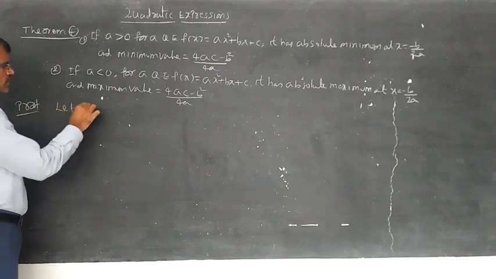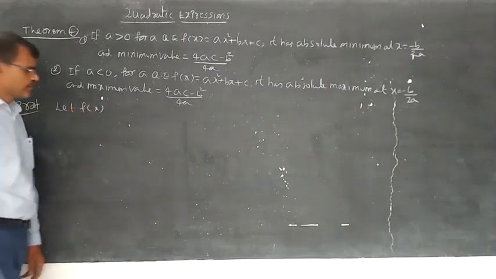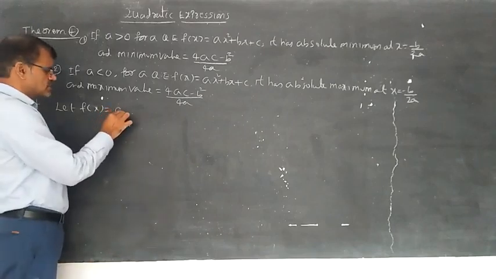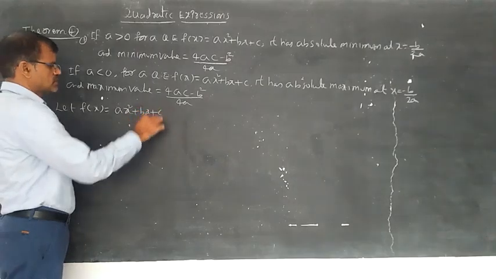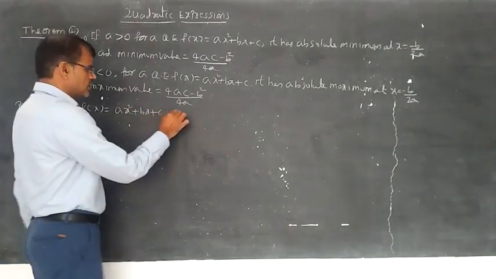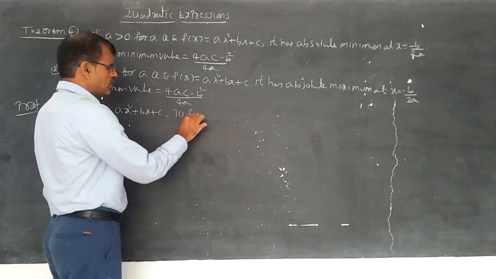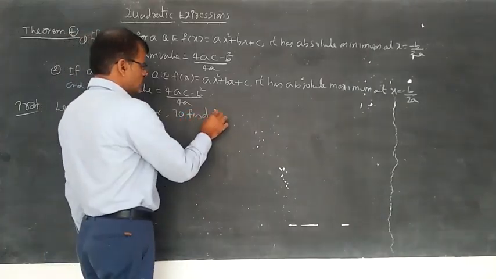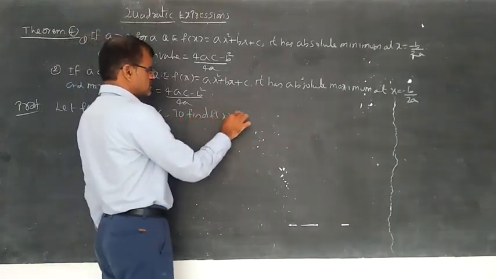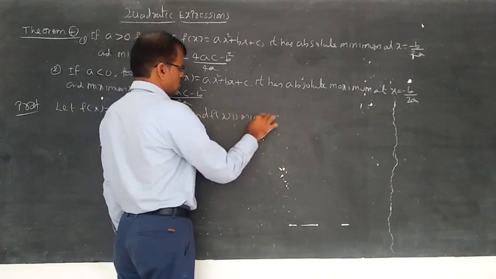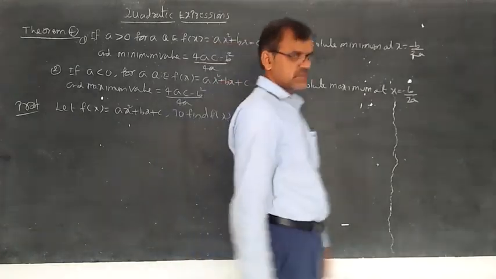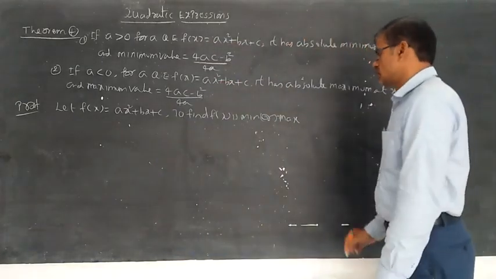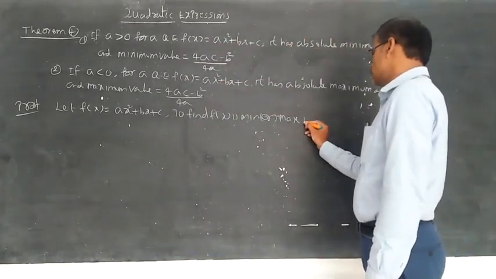Let the given quadratic expression be written as f of x is equal to ax square plus bx plus c. We can use the minima maxima concept to find whether f of x is min or max. To find this, we calculate the first derivative and set it to 0.